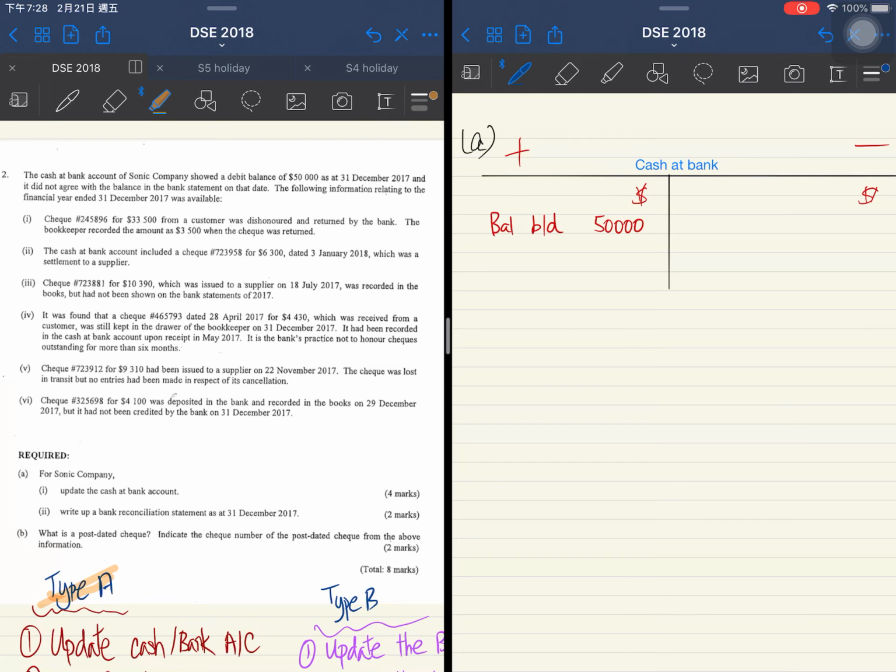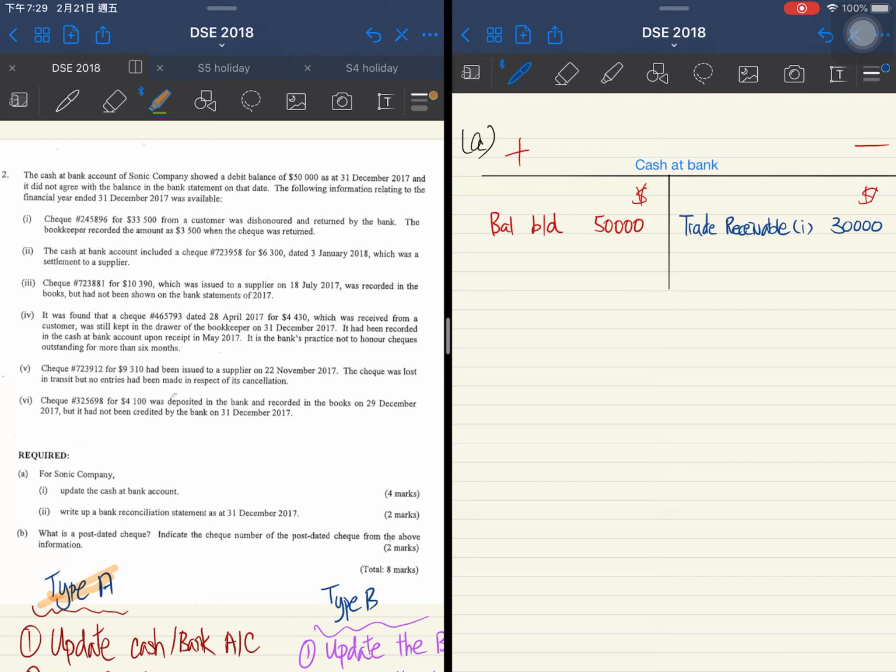So on the credit side, we write down trade receivable, for the amount of 33,500 minus 3,500, so it is 30,000, and we can record 1.